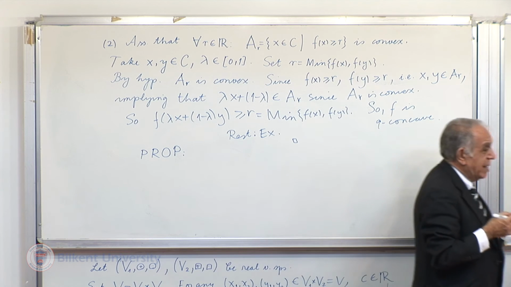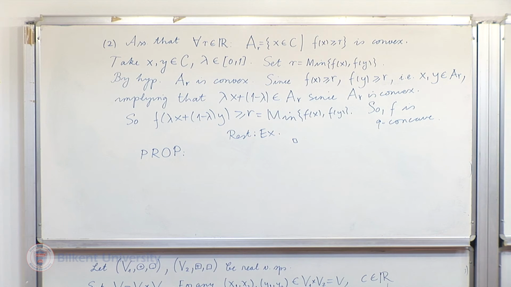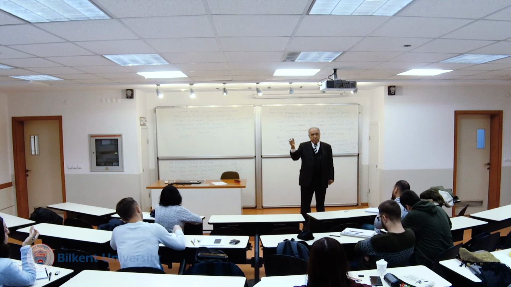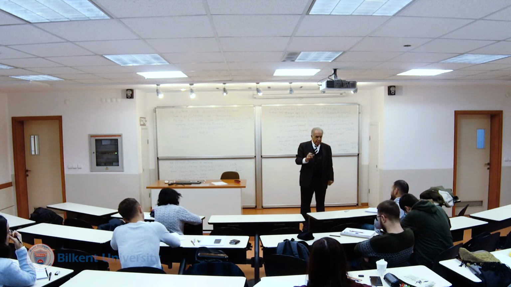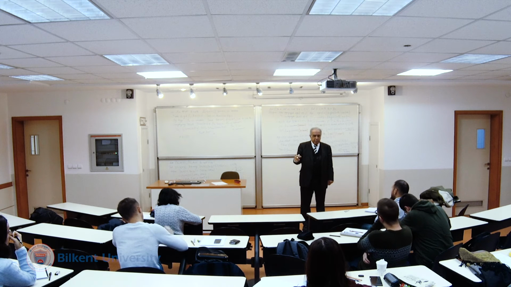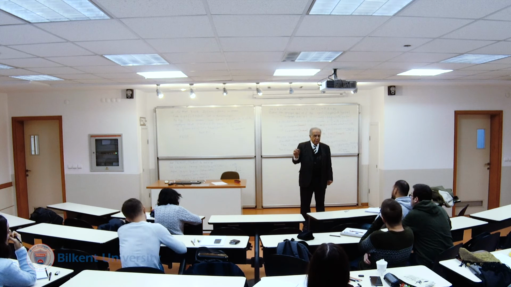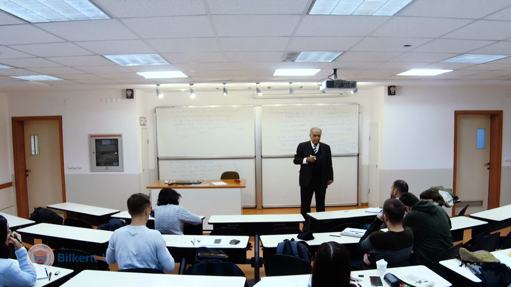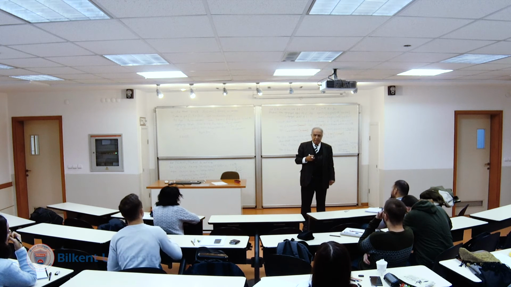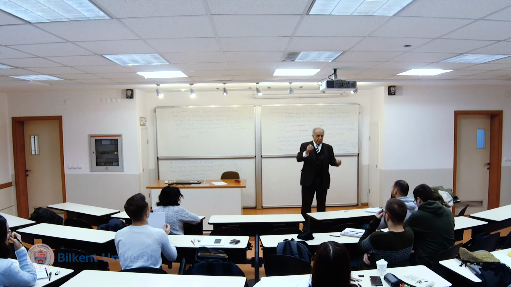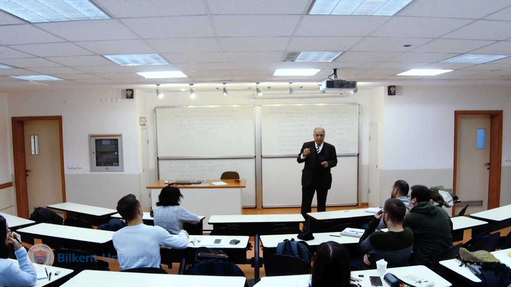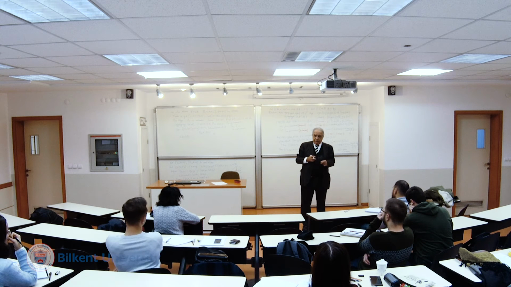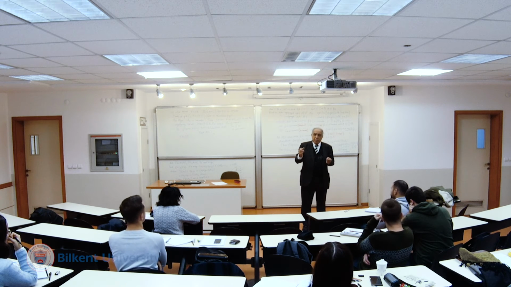Now, concavity says, well, take any x, y, f of lambda x plus 1 minus lambda y, that's larger than or equal to the convex combination of f of x and f of y with the same coefficients. What if we just take, say, k points in the domain of the function, x1, x2 up to xk, and we take a convex combination of them?